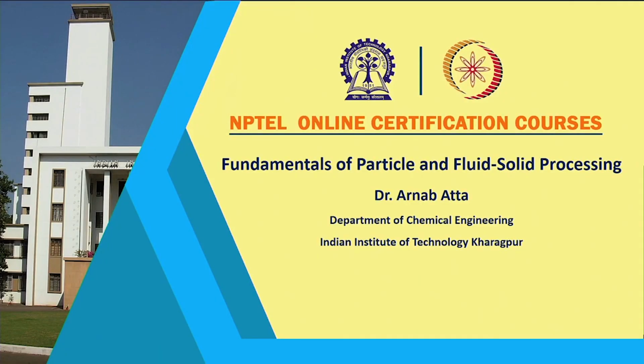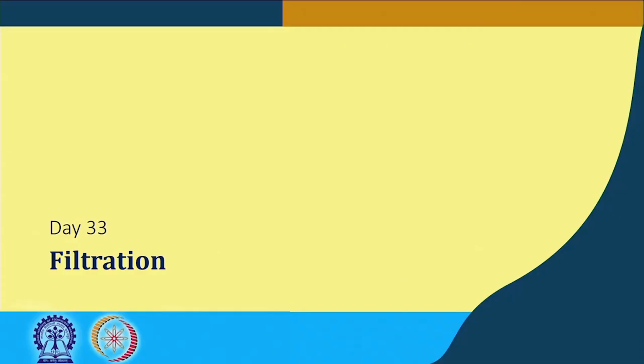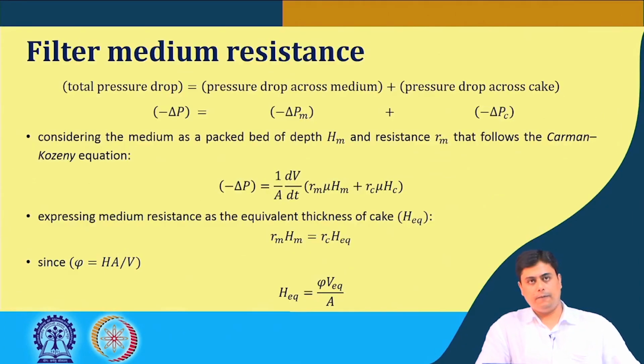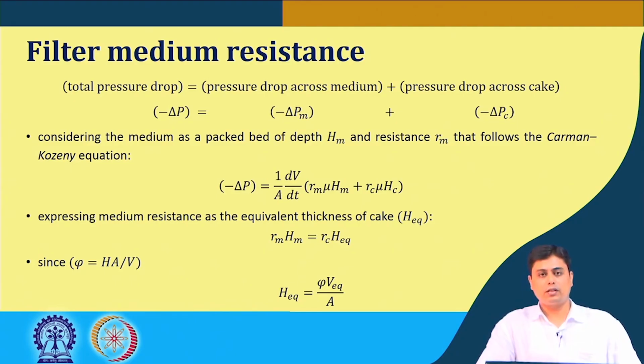We will continue our discussion on filtration and specifically on cake filtration. Last time we have seen the relation of the pressure drop with the filtrate volume without the filter medium resistance as well as including the filter medium resistance.